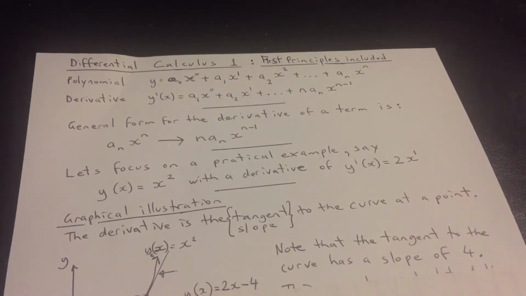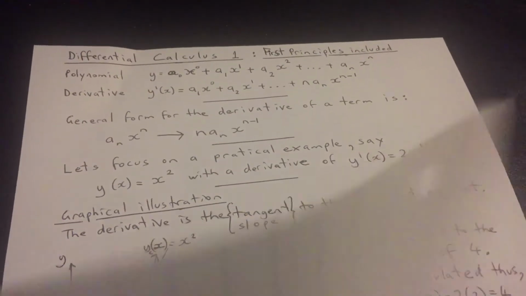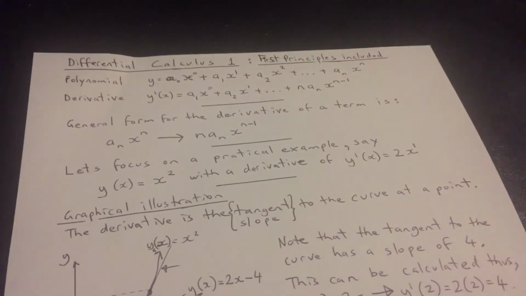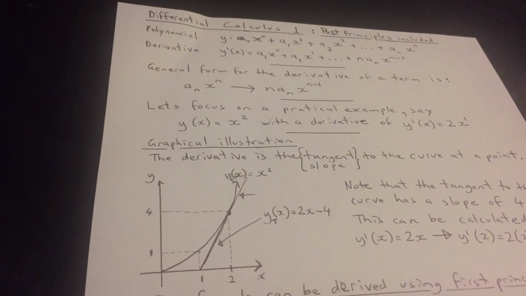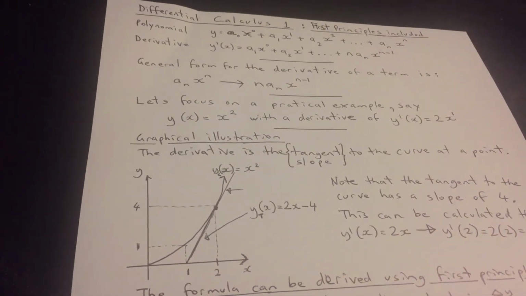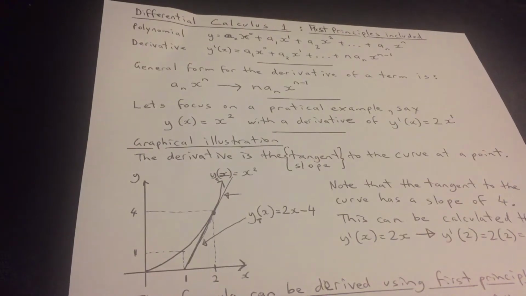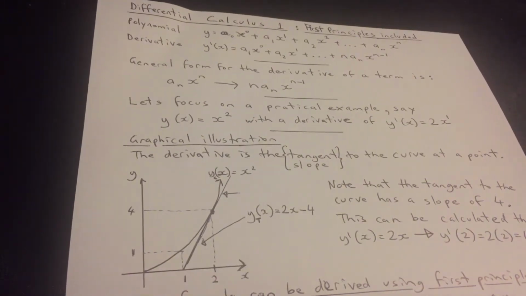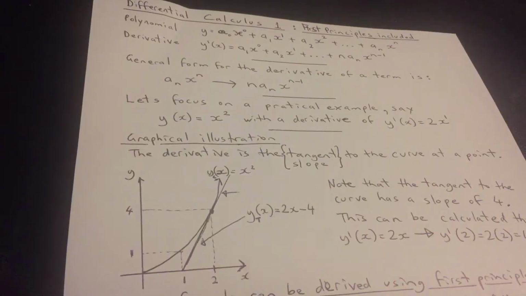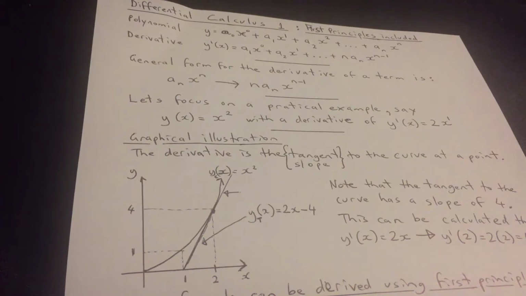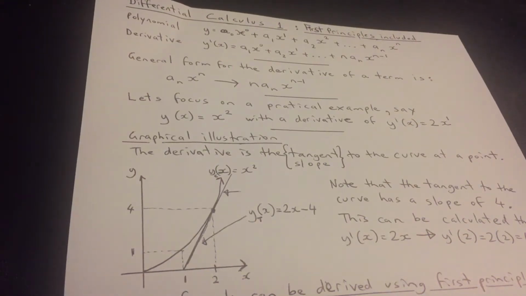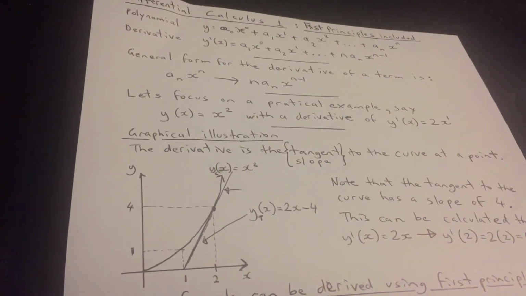And note that the tangent in this graph here is of y equals x squared, and coming into view now is the graph of its tangent, which in this case the formula for the tangent is actually 2x minus 4, but when you're taking the derivative, the point that is important is the slope.